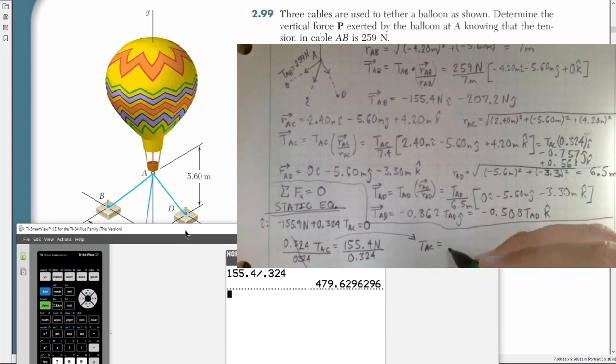We can round this approximately to 480, but I'll keep it as 479.6 newtons for now.